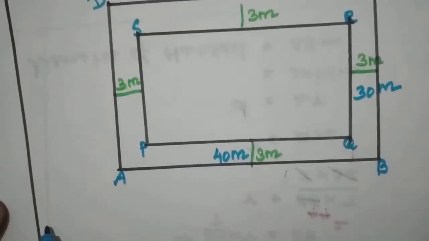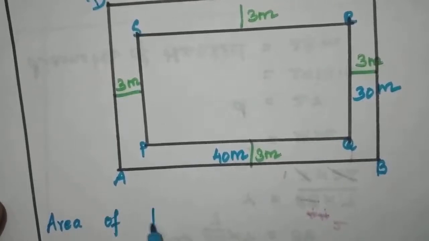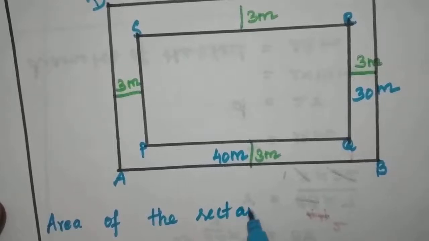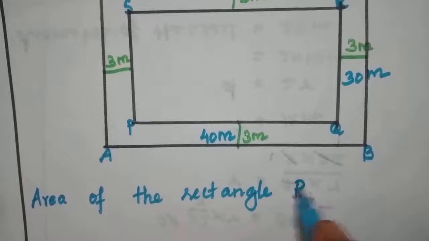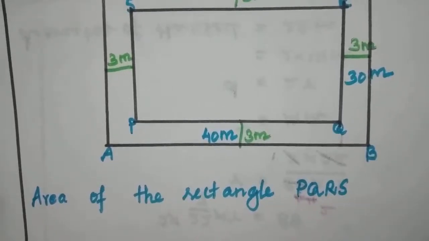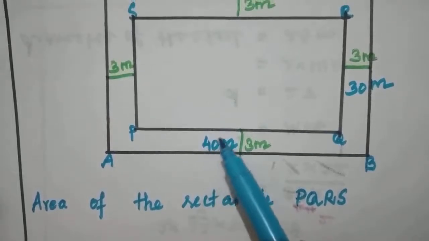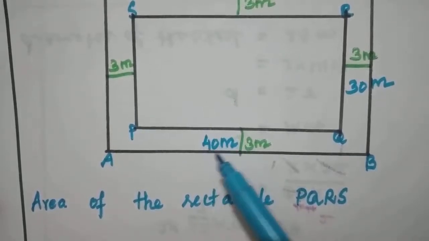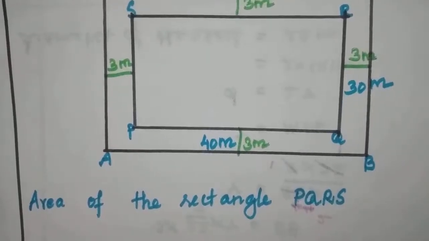First, let us find the area of the rectangle PQRS. It's given that its length is 40 meter and its breadth is 30 meter. What is the formula to find area of the rectangle?